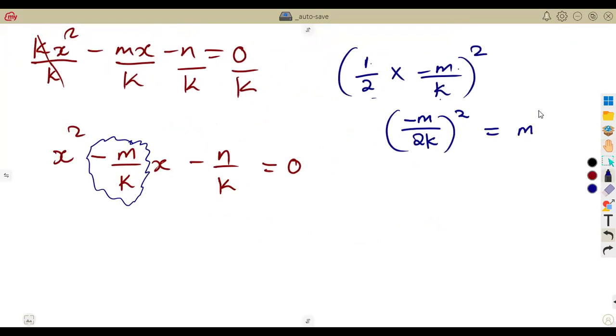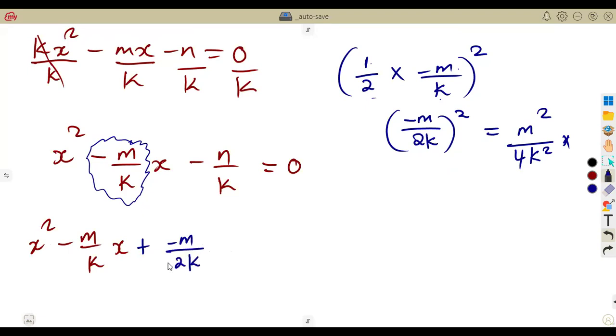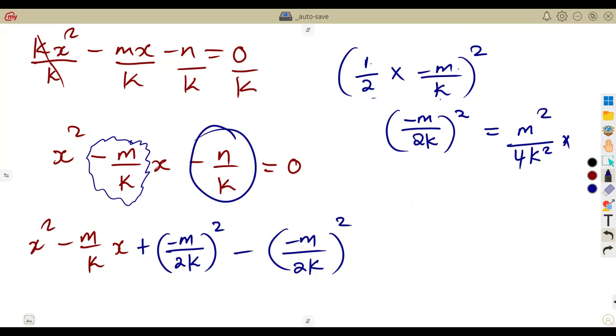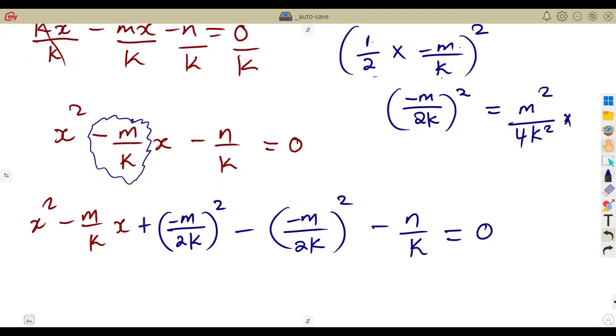It was going to give us minus m over 2k squared. That's a positive, so that's m squared over 2 squared, that's a 4, k squared. All right, so we're going to have x squared minus m over kx. So we're going to add minus m over 2k squared, remembering that there is minus n over k that we are already having there. Minus n over k, added this, then factorize.